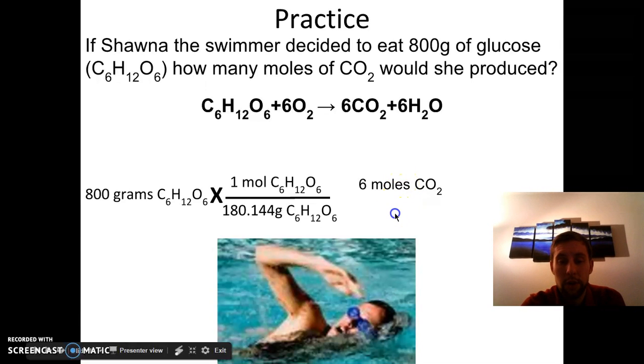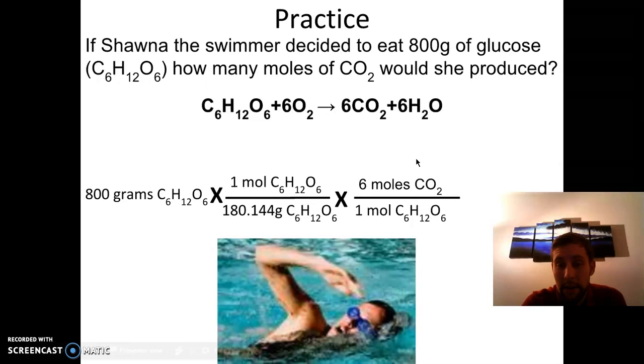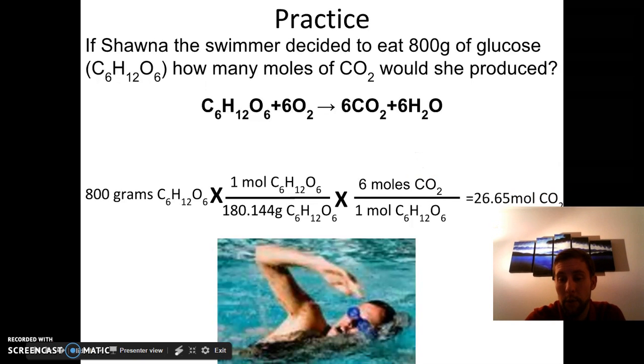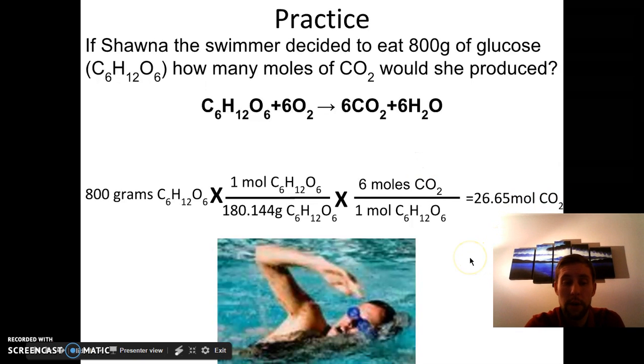So we need to cancel moles of C6H12O6, glucose, and go into moles of CO2. Now it's mole ratio, moles on top, moles on bottom. This is the long version or the short version. These numbers just come from the balanced equation. That's what we want in the end, so we solve it, and we get our answer of 26.65 moles of CO2, and those are your two-step problems.